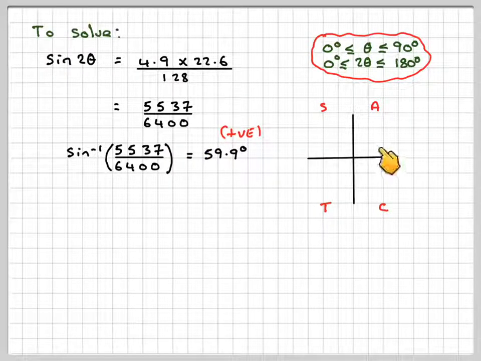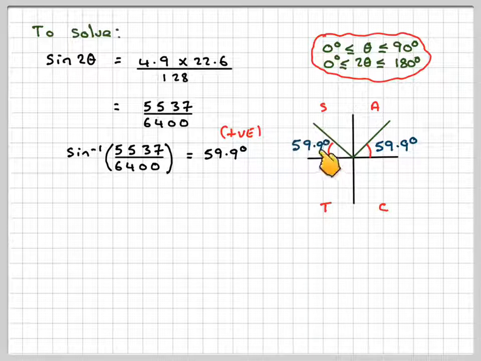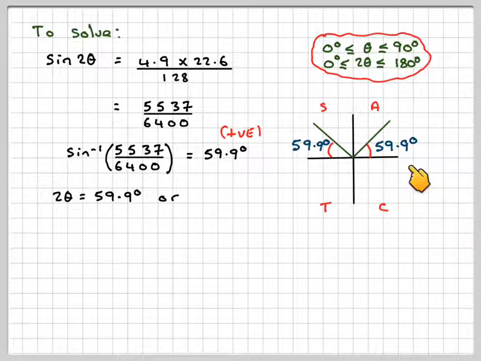Sine is positive in the first and second quadrants, so we draw an angle with the x-axis, 59.9 here and 59.9 here. We only have to go up to 180.